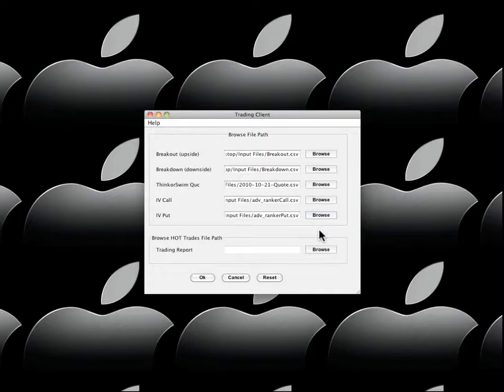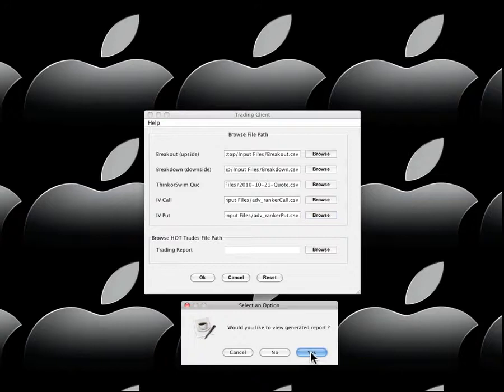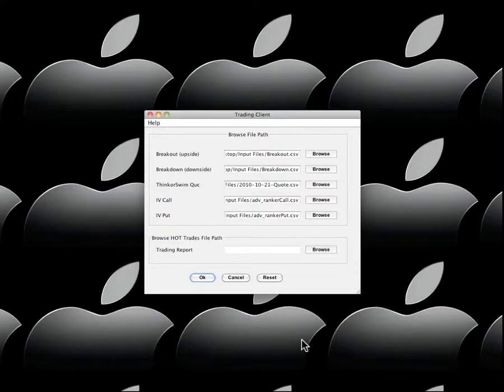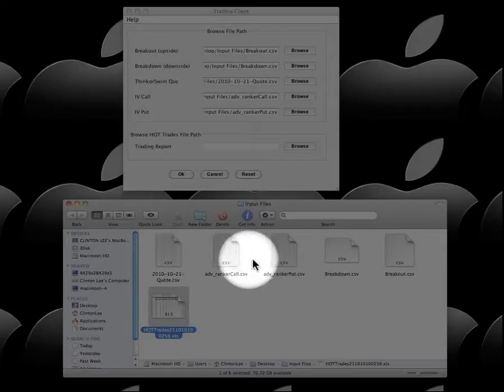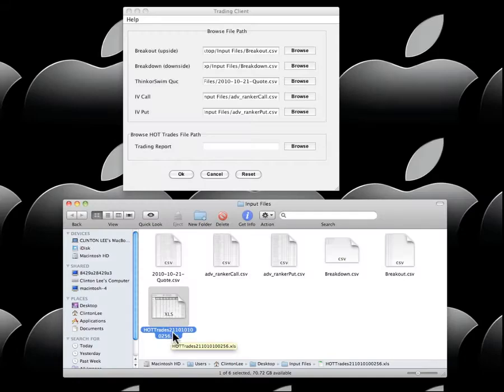And now I'm going to generate a trading report. So the 5 input CSV files from the different applications have now generated a trading report.